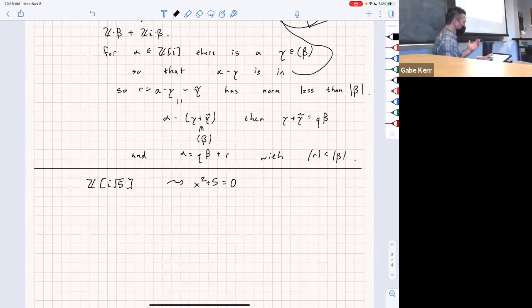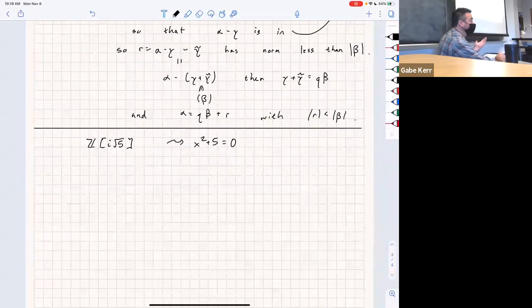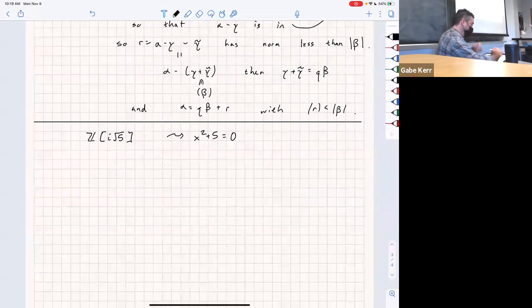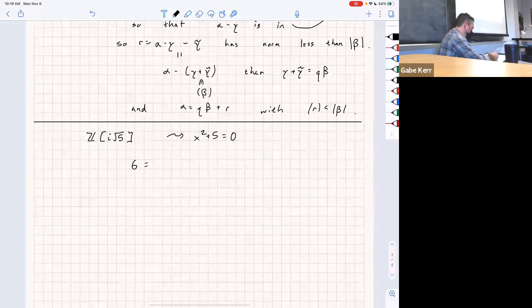We can't, so we join an element that does solve it, and we enlarge our ring, the usual thing we do. The quadratic extensions, just like Z[i]. Maybe your life is good. Over here, 6 is strange. 6 is still 2 times 3.